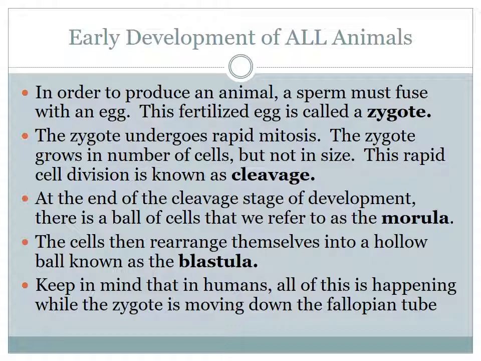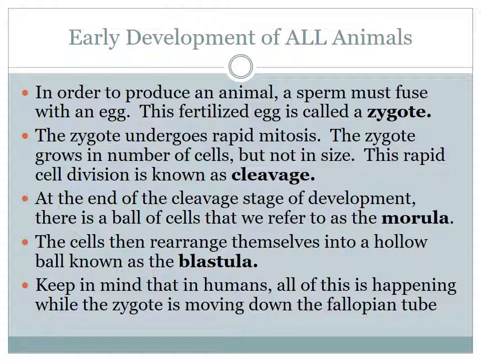The zygote grows in number of cells, but the size of it isn't going to change. This rapid cell division is known as cleavage, and I don't mean like lady cleavage. I mean like we're cleaving the cells in half to make more. At the end of cleavage, we're left with a big ball of cells, and we call that ball of cells the morula.